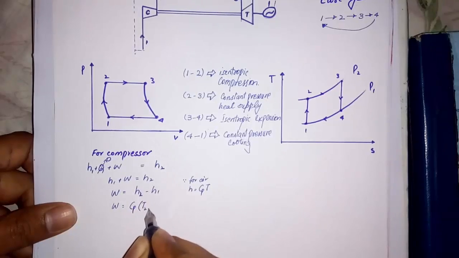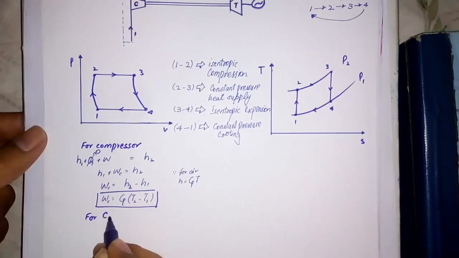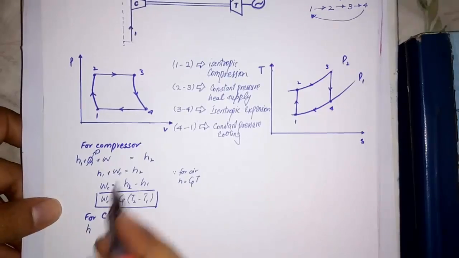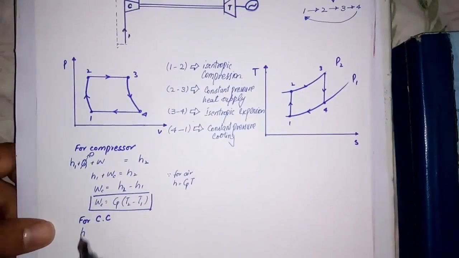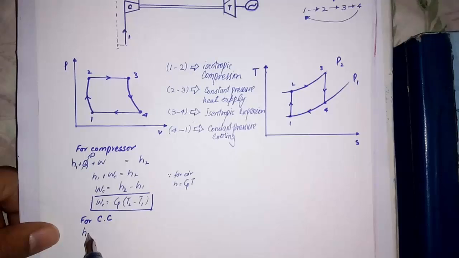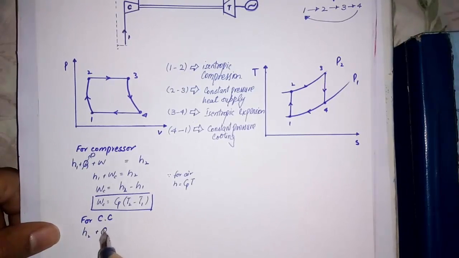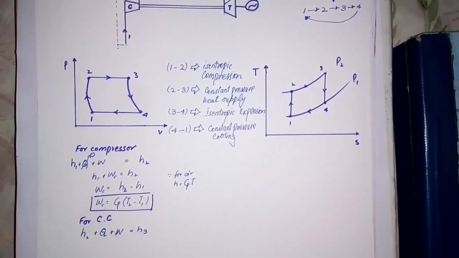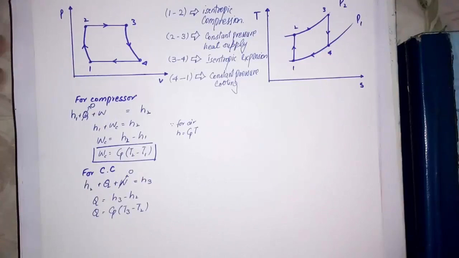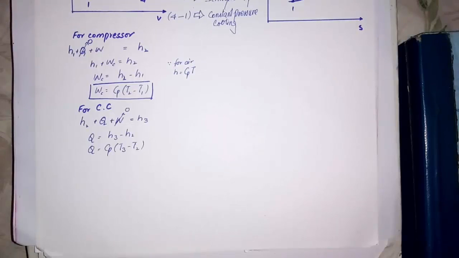So we can write the expression as, for the combustion chamber, 2 is its input and 3 is its output. In the combustion chamber case, work is 0. This is the expression of heat supplied.